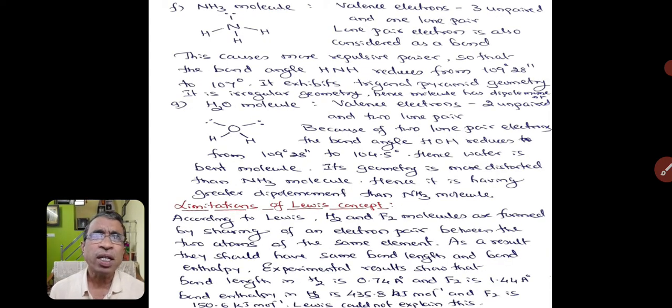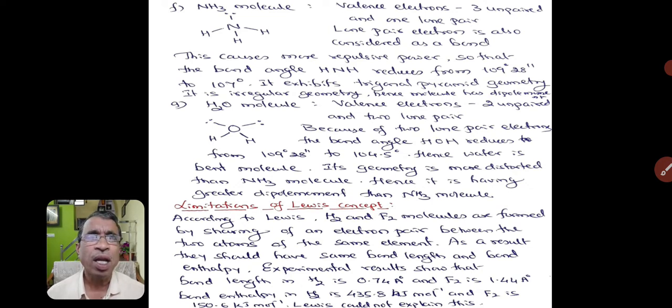Let us take two other molecules, ammonia and water. In ammonia, nitrogen is the central atom which is bonded to three hydrogen atoms, and it also contains a lone pair of electrons. This lone pair of electrons is also to be considered as a bond. Therefore, we come across four electron pairs around the nitrogen.